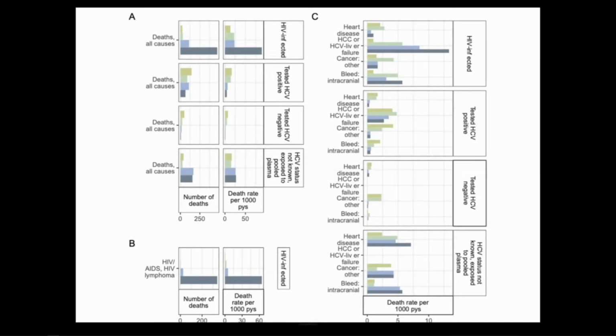If we turn then to those who tested HCV antibody positive, and you'll remember those are just those whom the database knows were tested, and we don't necessarily know the test date. What you'll see in the column for death rates per 1,000 person years of follow-up is that the all-cause mortality is actually increasing for those who tested antibody positive.